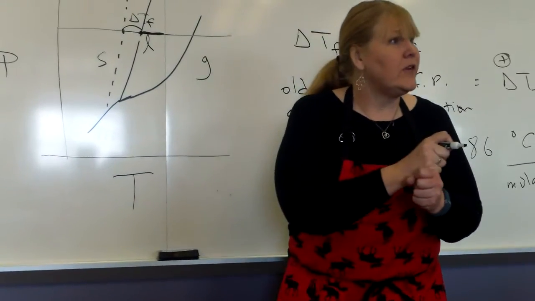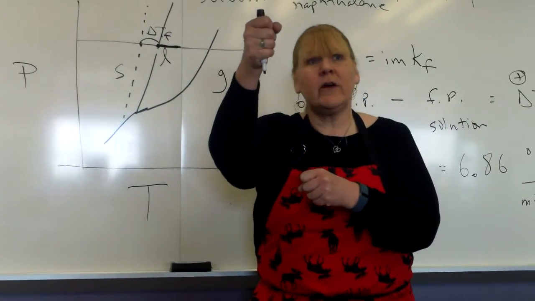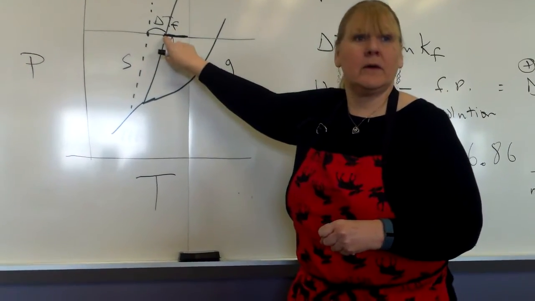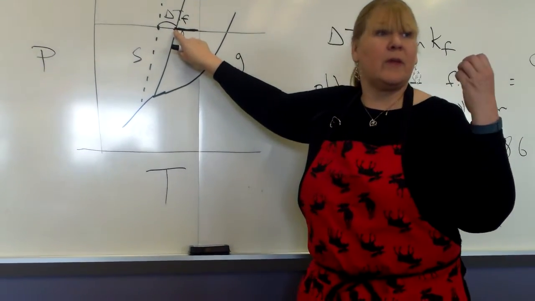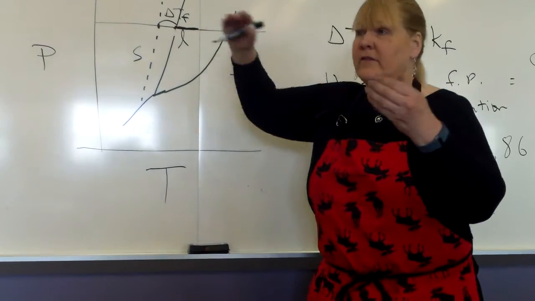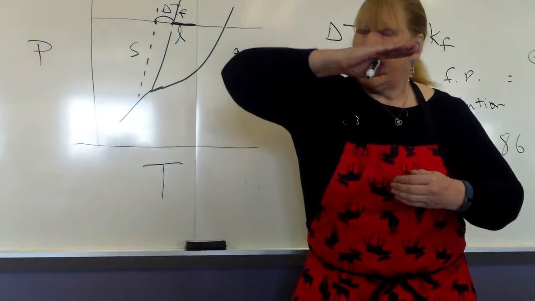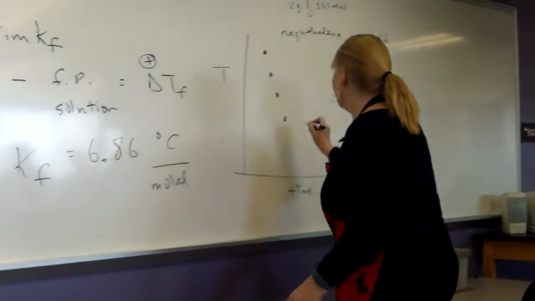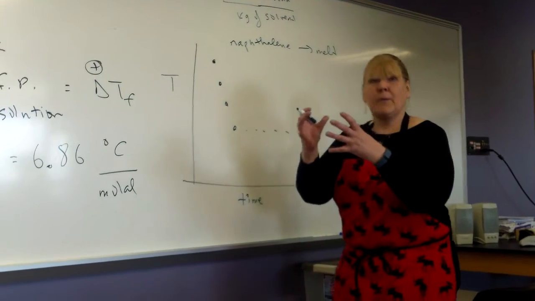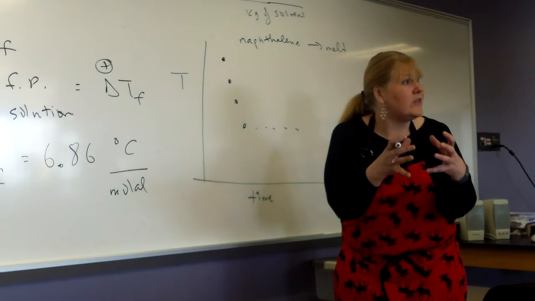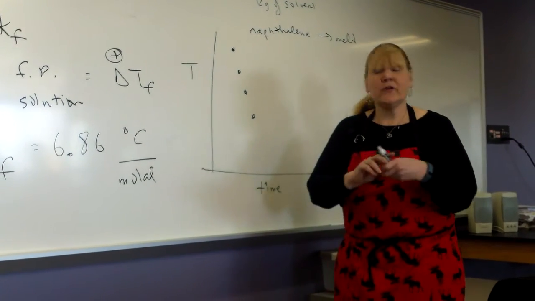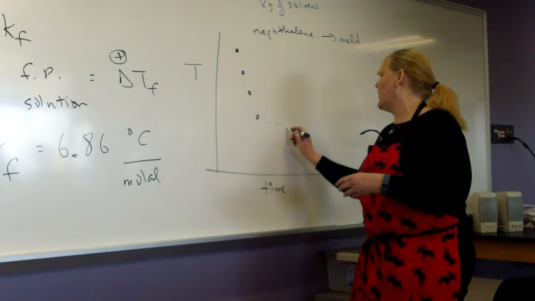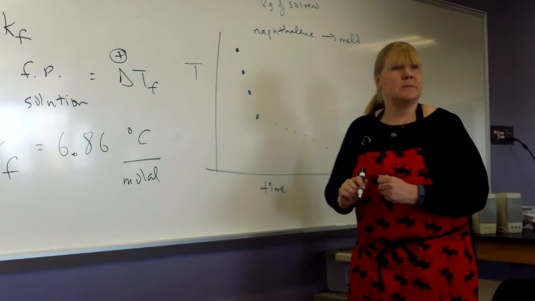What should happen to the temperature at that point right there? What happens to the temperature as something boils or as something freezes? It plateaus, correct? It will plateau if we had it in a thermos in an isolated environment, but we don't. We're going to have it out in the room, and the temperature is going to look something like that.